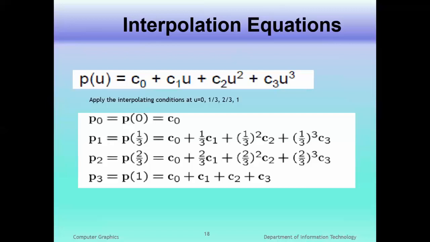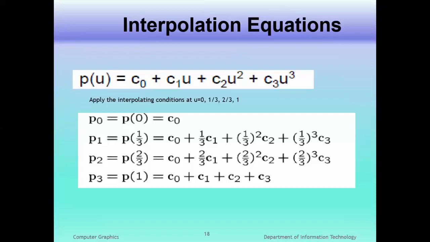P2 is equal to P of 2 by 3, that can be given by the above equation P of u, that is C0 plus 2 by 3 C1 plus 2 by 3 square C2 plus 2 by 3 cube C3.